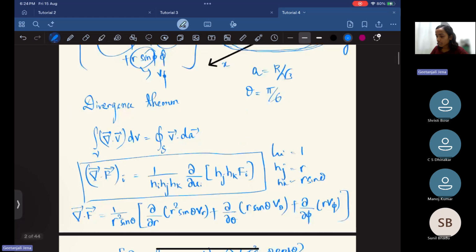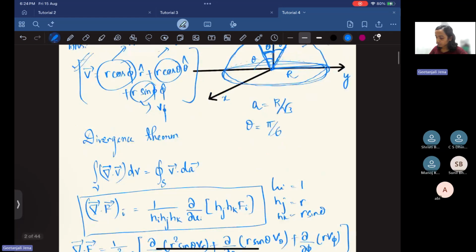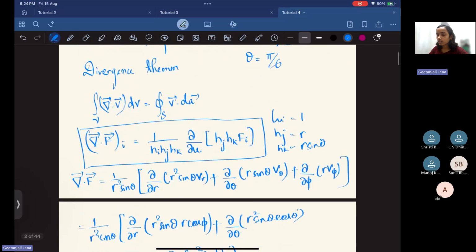So the divergence theorem, if you recall, relates the volume integration with the surface integration. And you have seen the general formula for finding the divergence, so I have written it to let you recall.